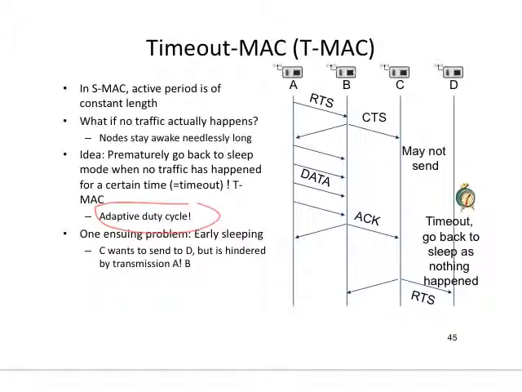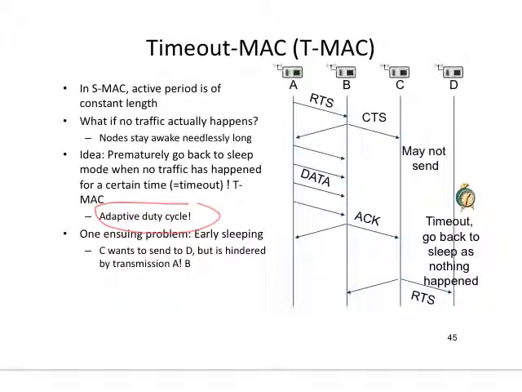Okay? There is a possibility that this might happen. So you waited for this long time and tried to save energy by prematurely going into sleep, but in that case you're unlucky. Well, the assumption here is that if I don't receive any traffic during this time, this means that the traffic load on the network is low at this point in time.